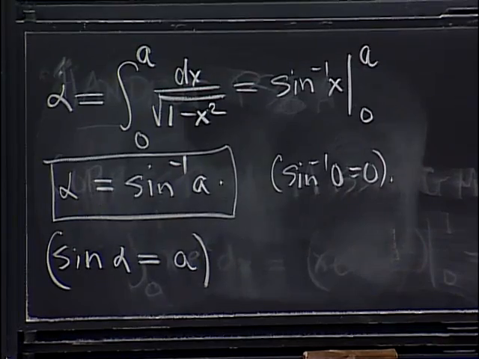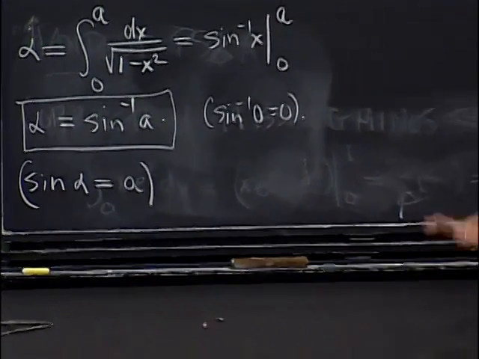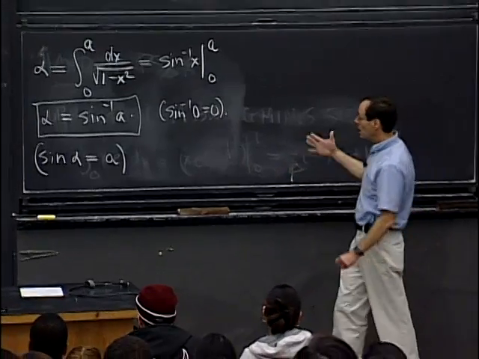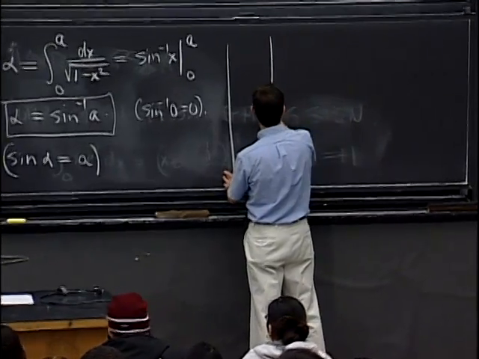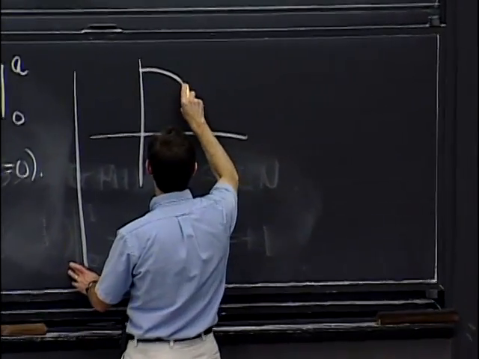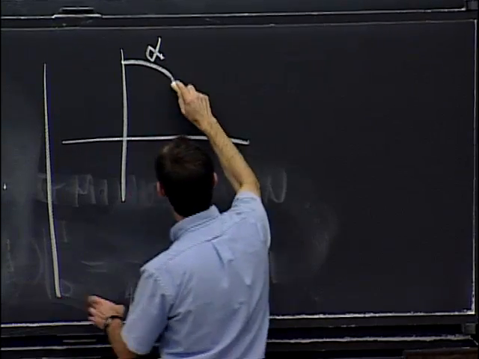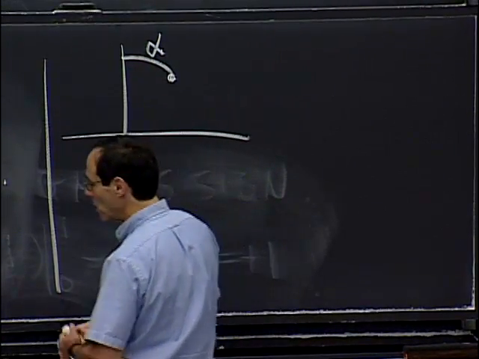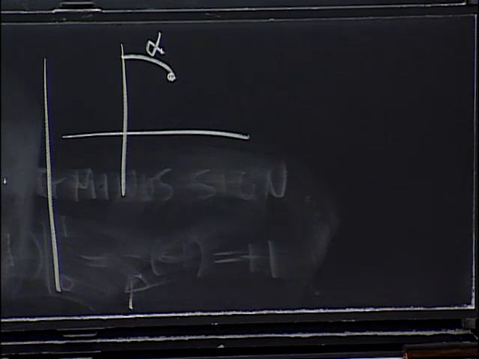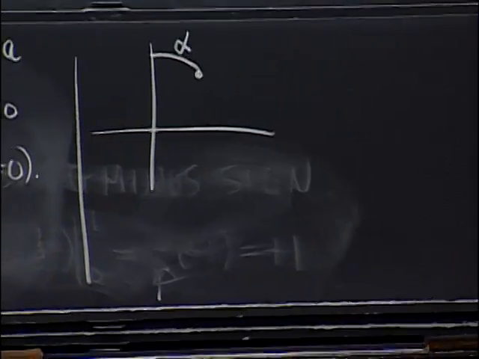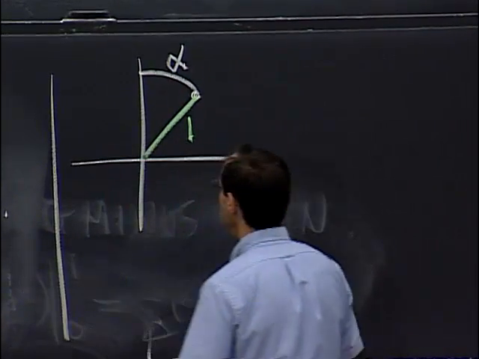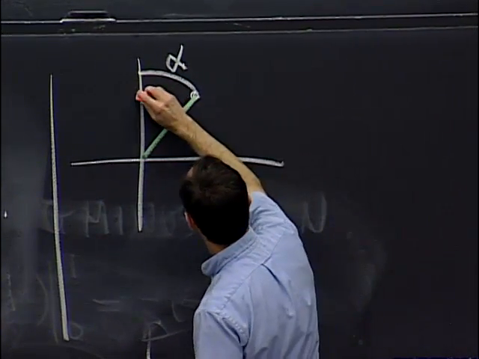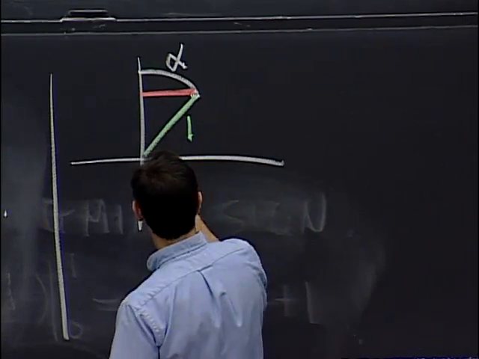What's going on here is something a little deeper than it looks. We've just figured out a geometric interpretation. We went a distance alpha along this arc, and remember that the radius is 1, and this horizontal distance here is a.